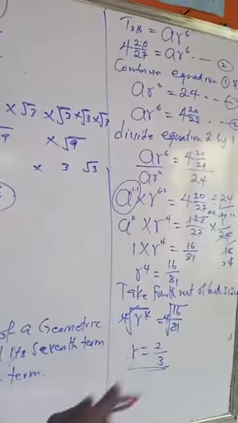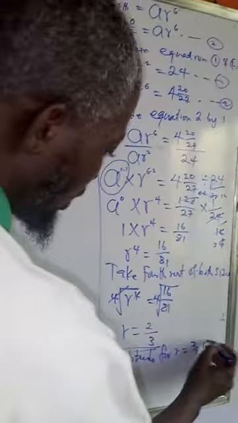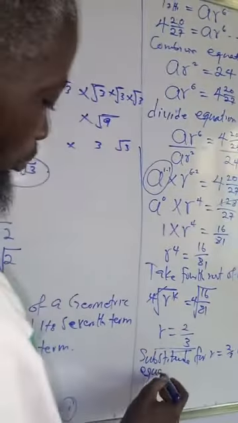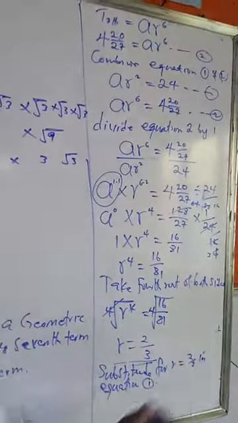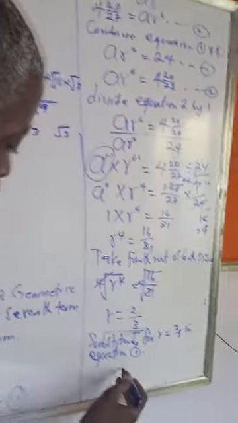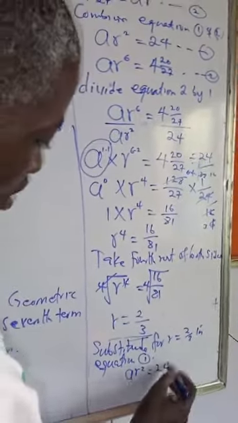But they asked us for the first term. So I'll come to any of these equations to substitute for this. Let me substitute r equals 2 over 3 in equation 1, which is a r raised to power 2 equals 24.